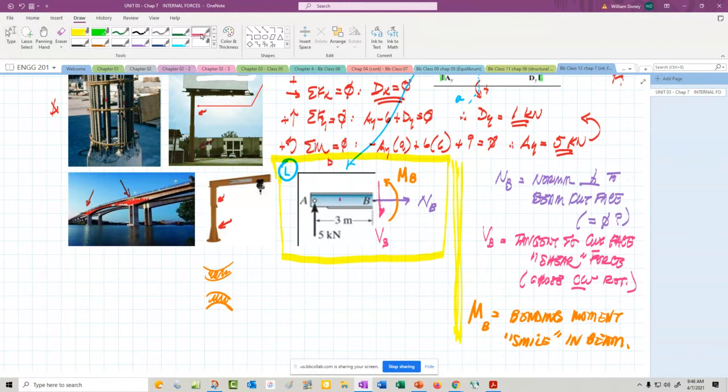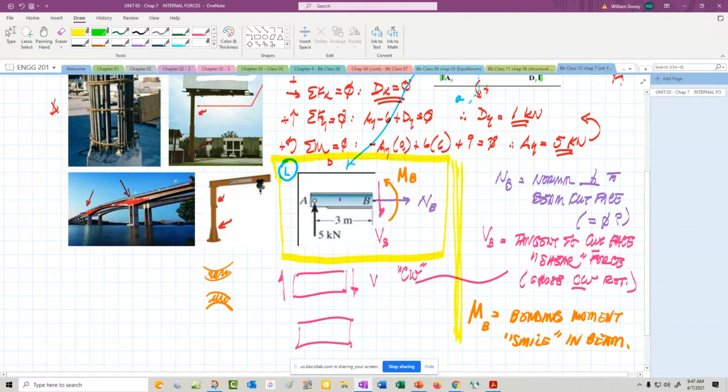And again, just so we have these directions clear, for shear, depending on which face is cut, the shear would be this way or this way because we want clockwise rotation. And for the moment, it's going to be this way or this way because we're looking for the smile. That gives you guidance on the directions that you should have for those forces.